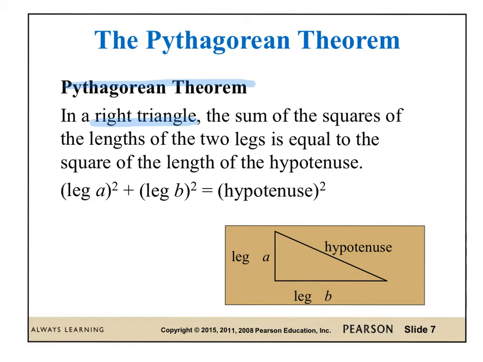And the fact that it's a right triangle, the only thing that means is that one of the angles, in the drawing here, the one that I just marked in green, is a 90-degree angle. That's what a right angle is.